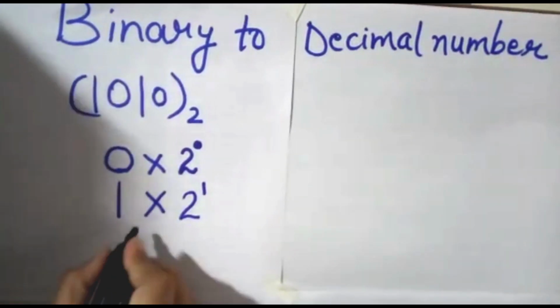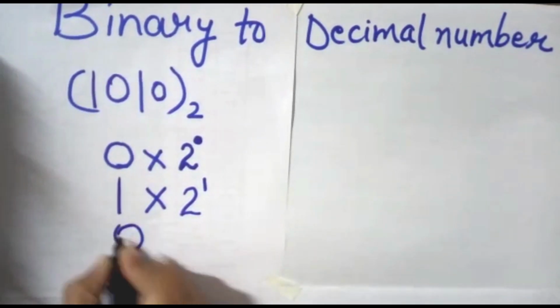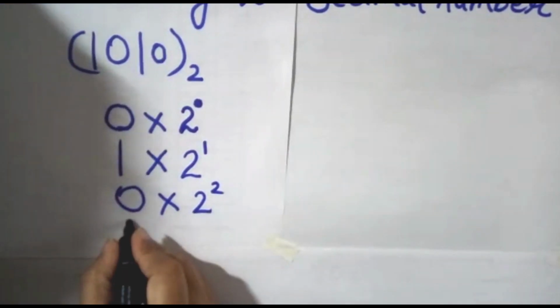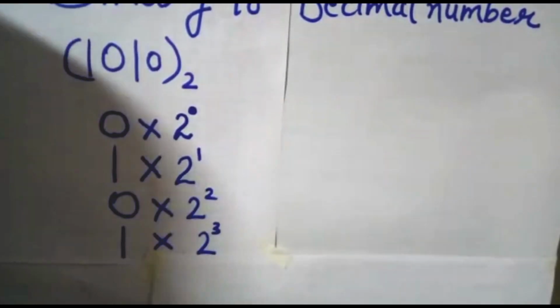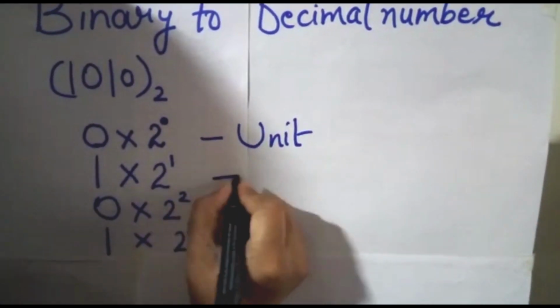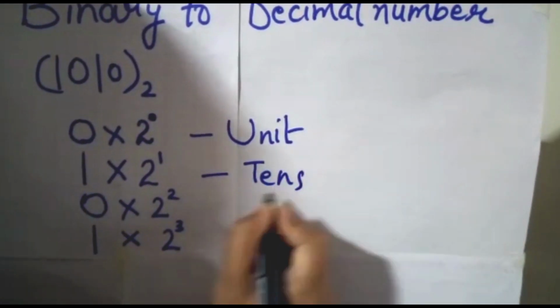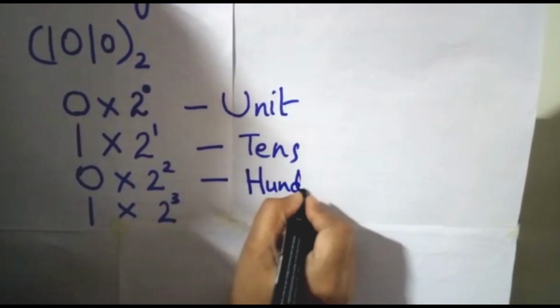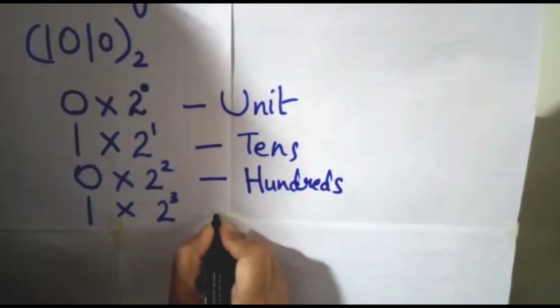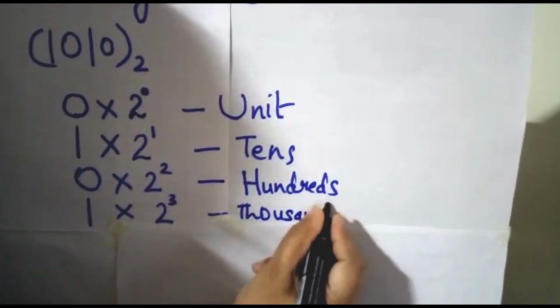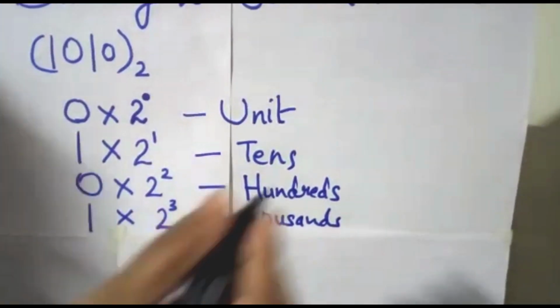Then take third digit 0, it will be 2 to the power 2, and then 1 into 2 to the power 3. This will be at the units place. This is tens, this is hundreds, and this is at the thousands place.